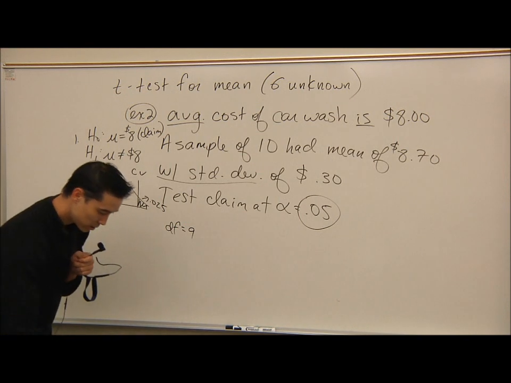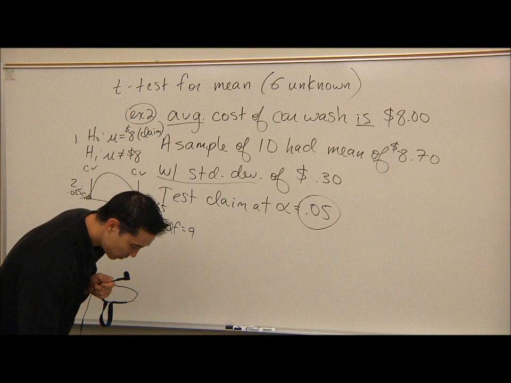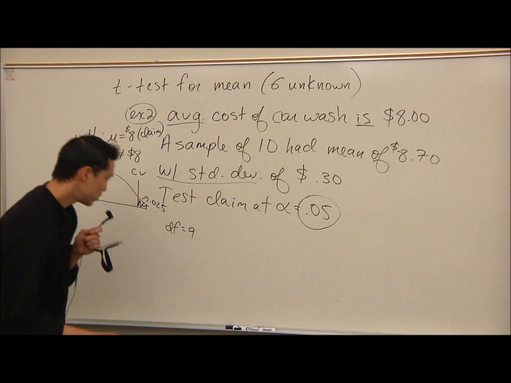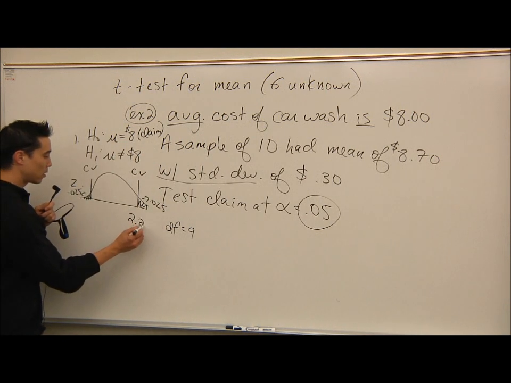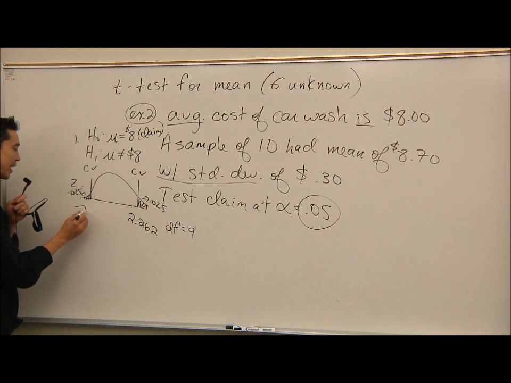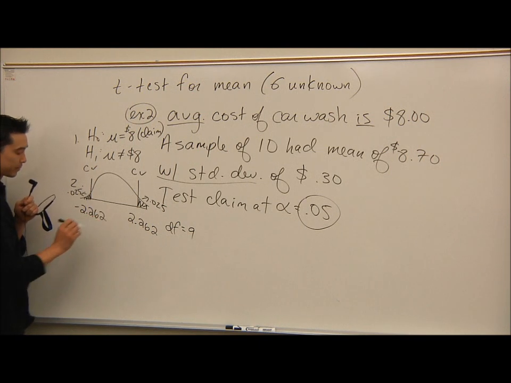Okay, so it's 0.05, two-tailed, degrees of freedom is 9. So 2.262. Did everybody get 2.262? 2.262 on the positive side and negative 2.262.